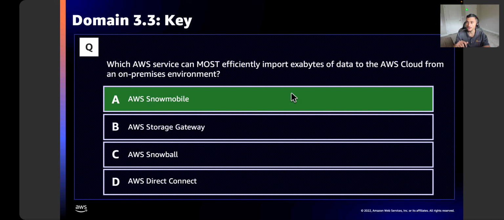You transfer the petabytes of data that you need, and you can order multiple Snowmobiles as well. Then it will drive back to the region of your choice and transfer the data to the service that you need, in most cases Amazon S3, right? So that's the only exabyte-scale solution here, actually. That would be AWS Snowmobile.